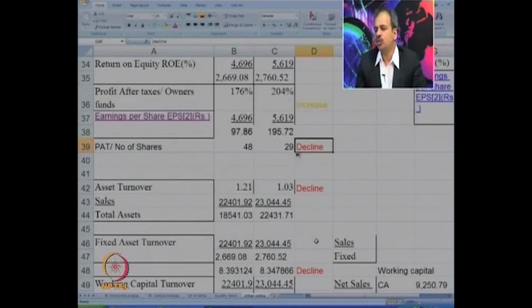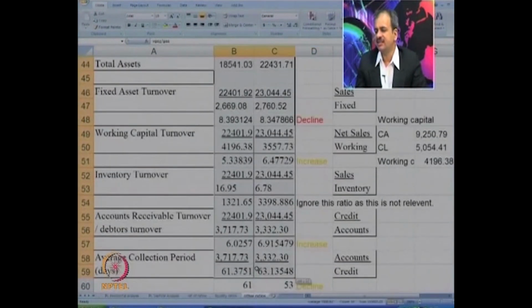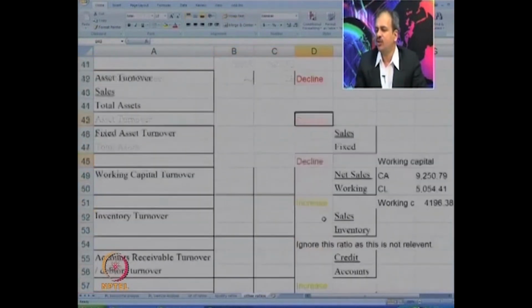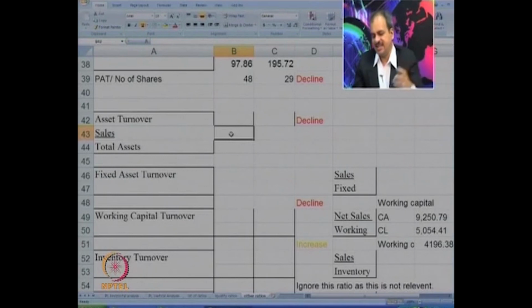Now, let us go to ratios regarding utilization of assets. I will try to cancel the existing figures so that we can redo it. So, you know these are called turnover ratios. The first important ratio is the total asset turnover ratio, which tries to link the total assets versus total sales.